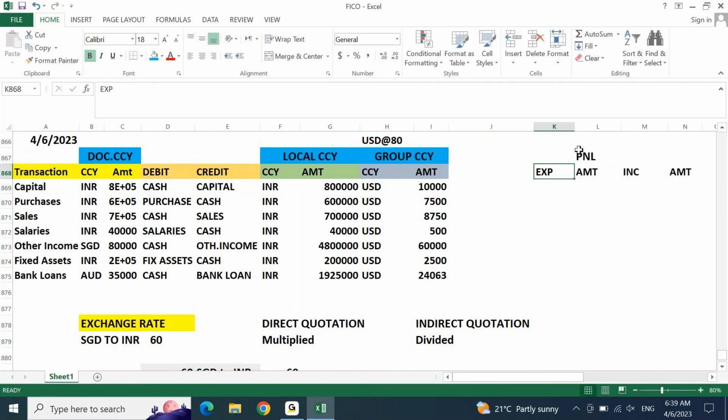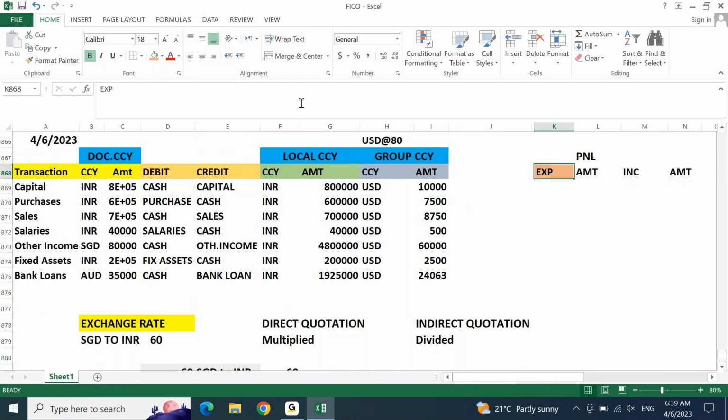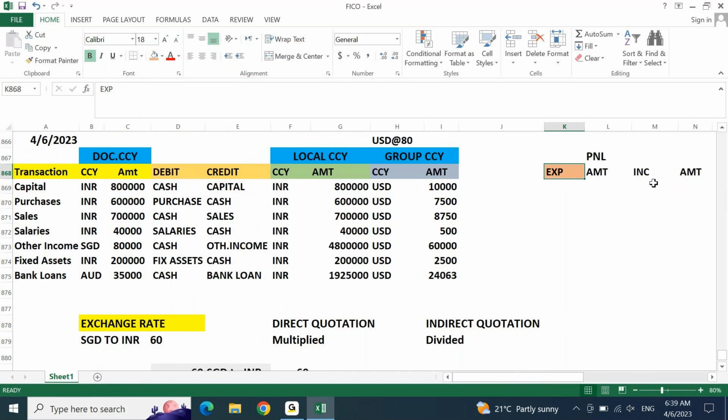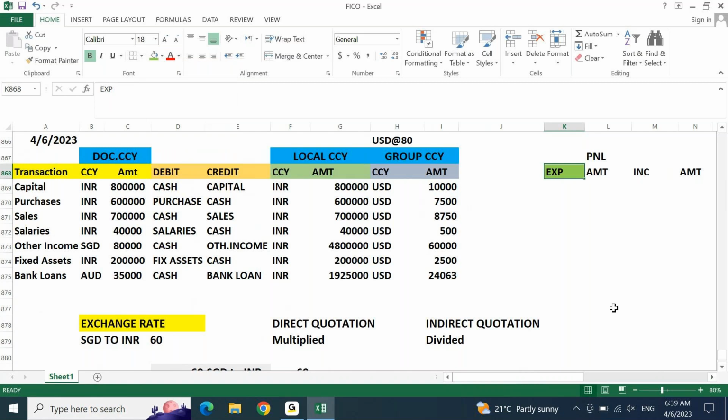Here I am going to highlight all the expenses, let's say with this color, or simply let's put green color. Where are my expenses?